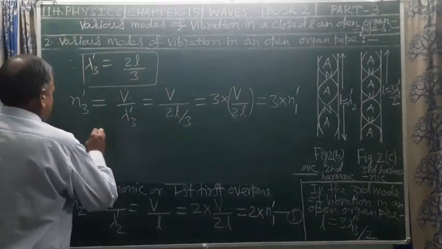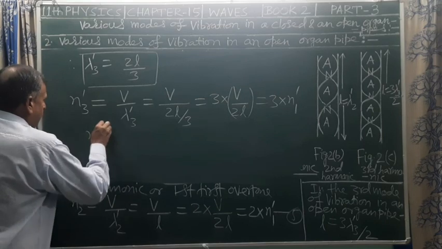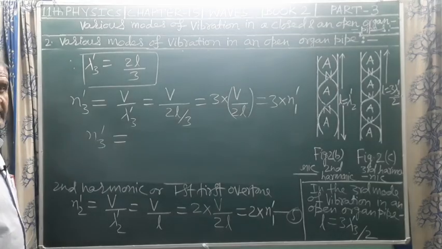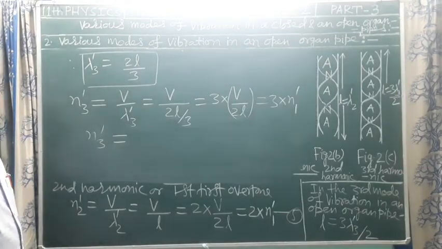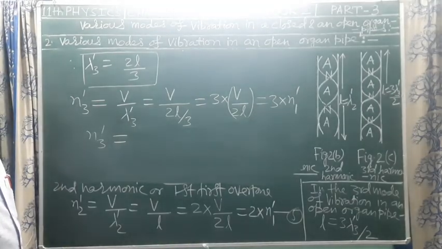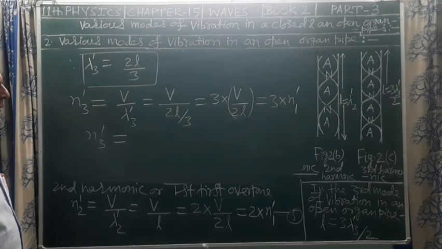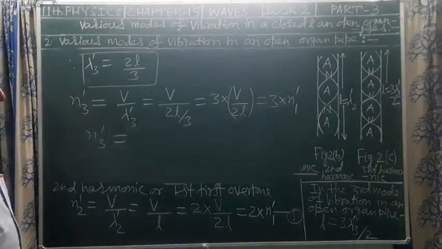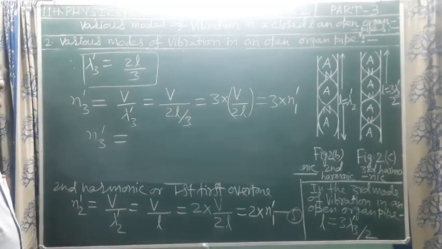Hence it is clear that in an open organ pipe the harmonics produced are even and odd multiples of fundamental frequencies. Therefore sound produced in an open organ pipe is melodious.